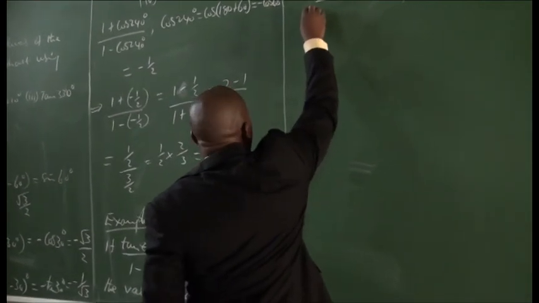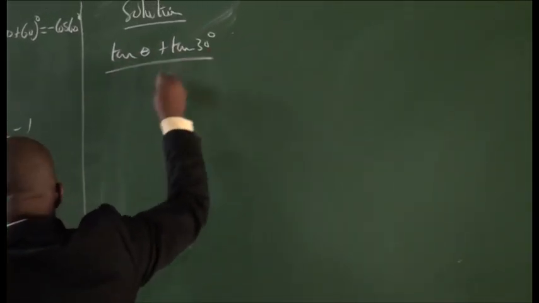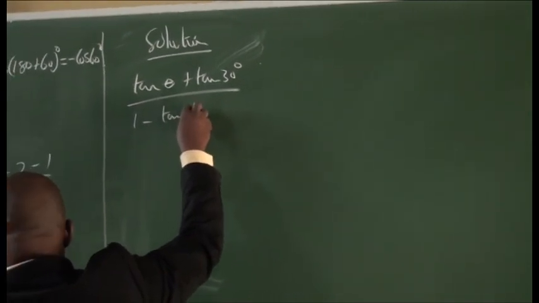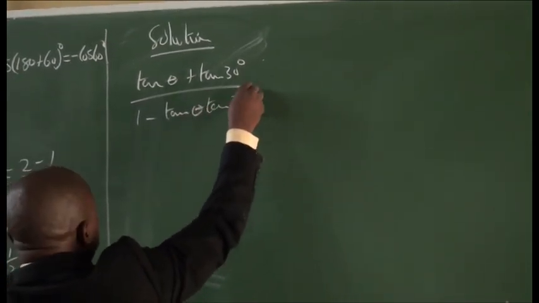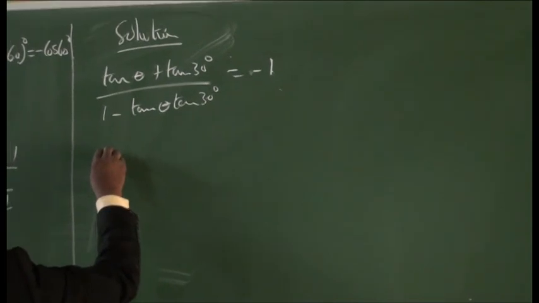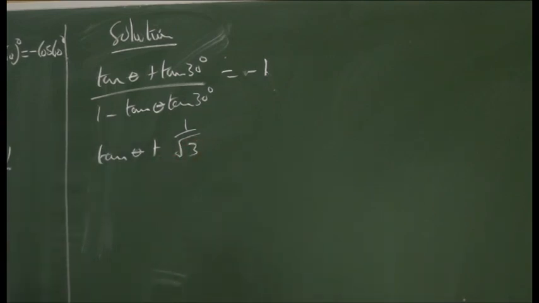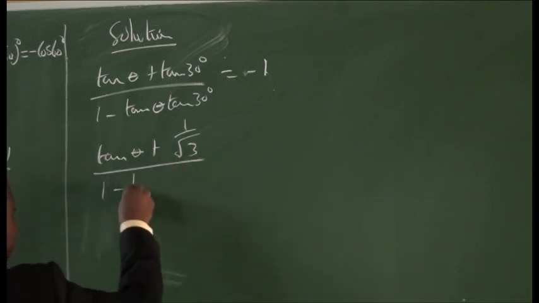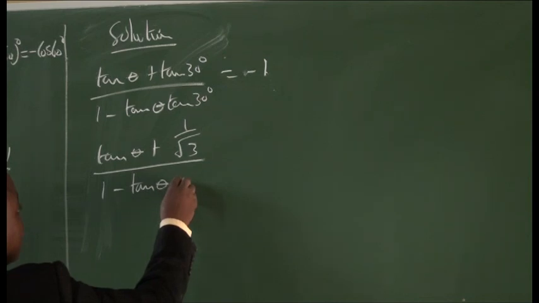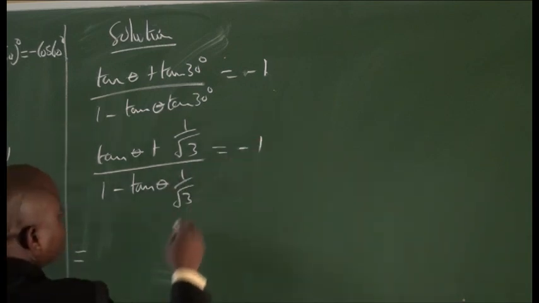Now, tan theta plus tan 30 degrees over 1 minus tan theta tan 30 degrees equals minus 1. That is what is given. Then this will imply tan theta plus 1 over root 3, because tan 30 is 1 over root 3, over 1 minus tan theta times 1 over root 3, equals minus 1.